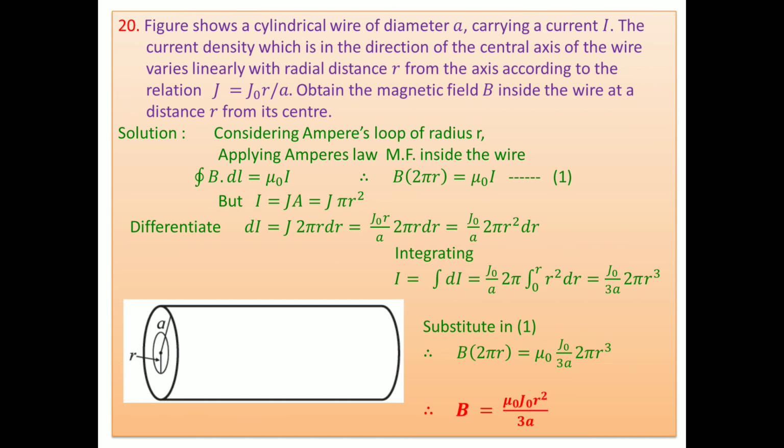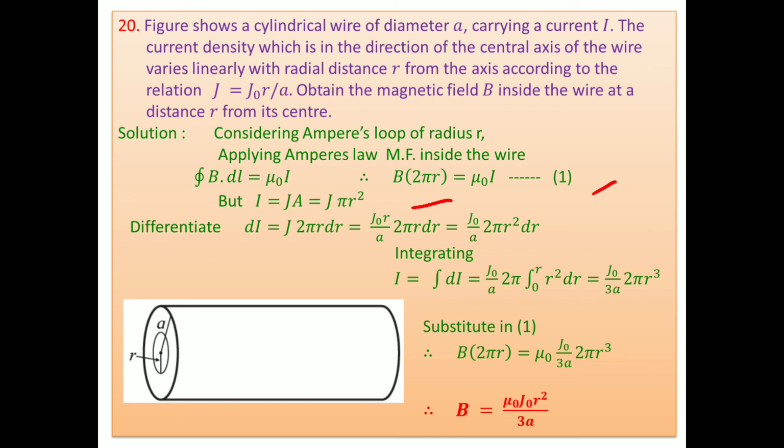We know that according to Ampere's law, the magnetic field inside the wire is the integration over a closed loop of B dot dl equal to mu naught I. Thereafter, B times the integration of dl is 2 pi r, because the total length is the circumference, 2 pi r. So B 2 pi r equals mu naught I. This is your equation number 1.